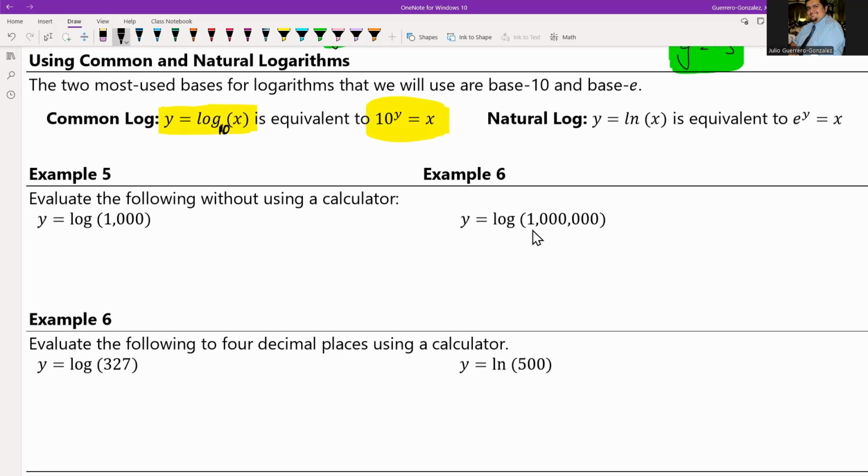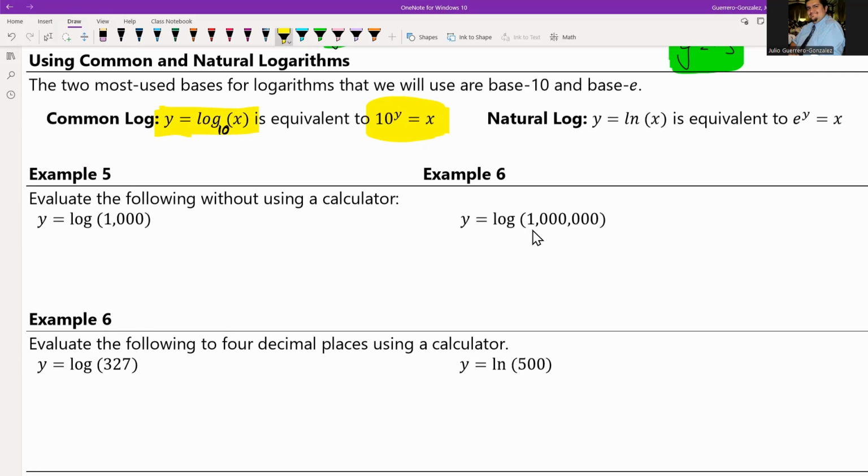Whenever you see log with no little number below, you can assume that the number that is right there is a 10. If it's anything else, we will write it. If I'm looking for a base 4, I will write log base 4. If I'm looking for log base 12, I will put down log base 12. It's only log base 10 that has the 10 implicitly there. We all know that it's a 10 there, and we move on.